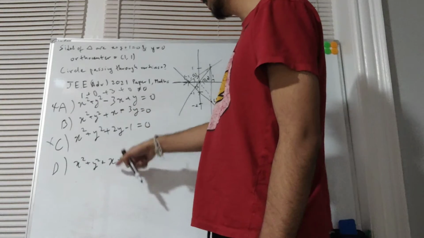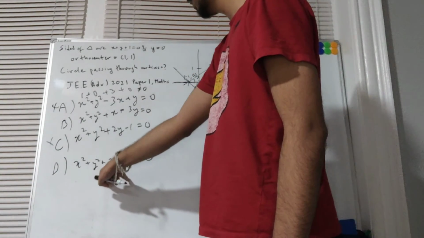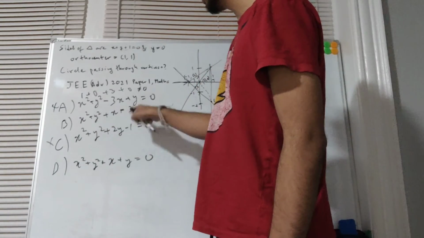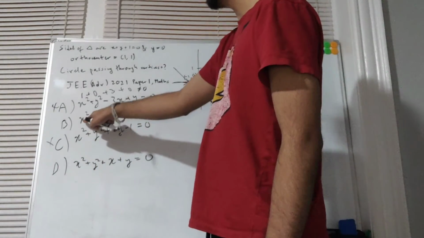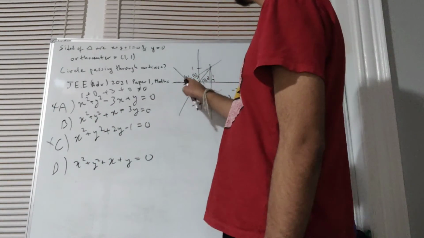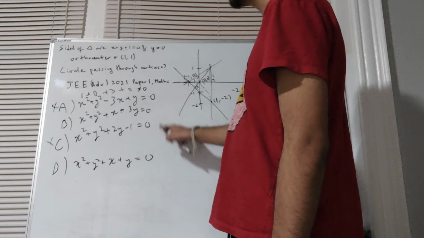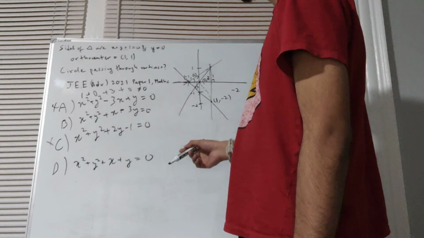Now if you look at these both, if you put y as 0, then the y terms cancel out. And if you put x as minus 1, then you get 1 and minus 1 over here. So these both satisfy minus 1, 0. They satisfy 0, 0 as well. So the only thing that's left to check is 1, minus 2.